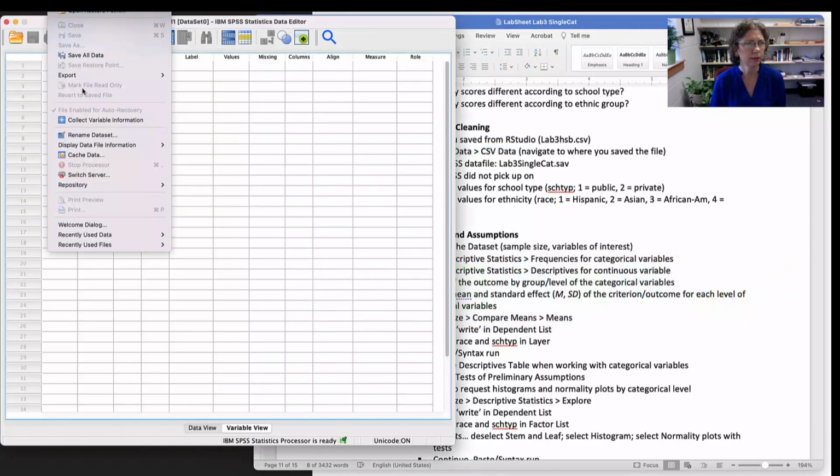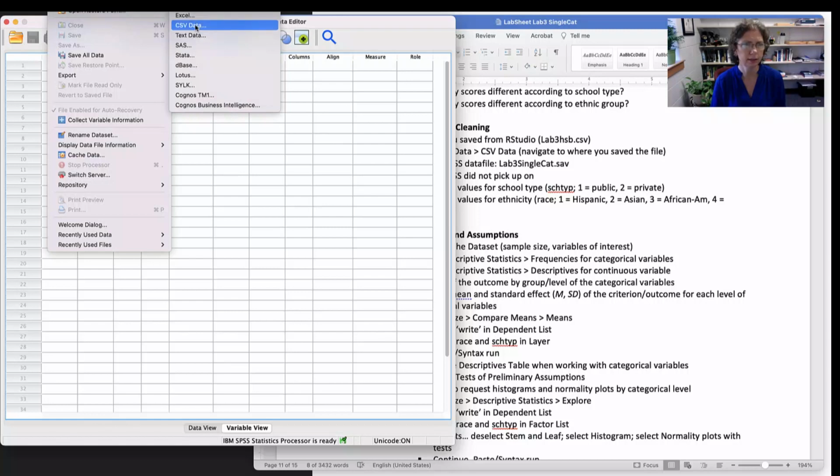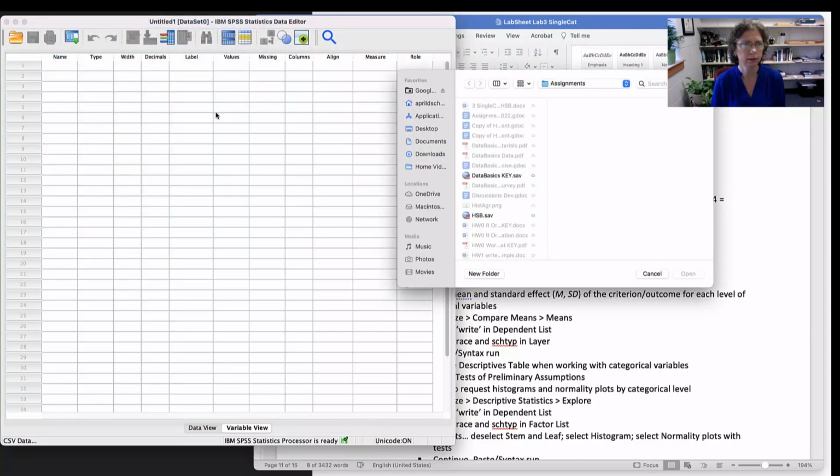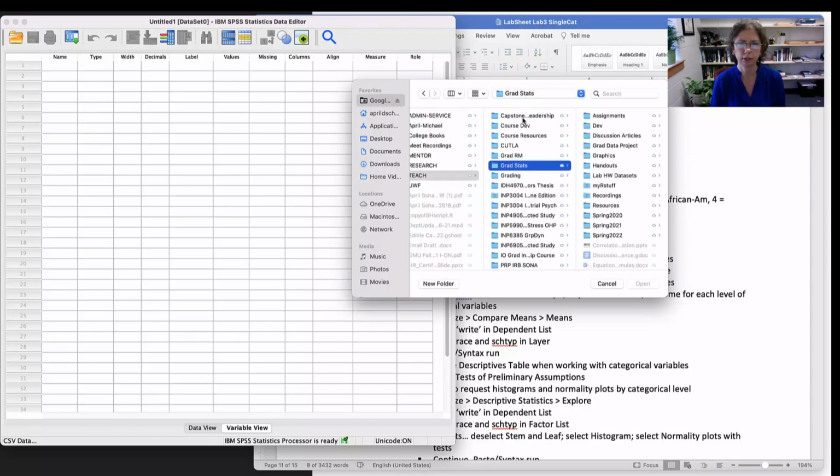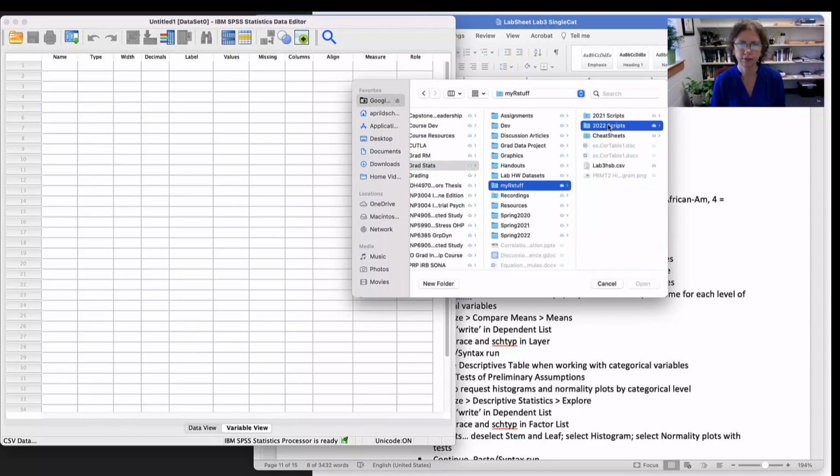Once you're there, navigate to where you have your working directory for RStudio, because that's where it would have saved the CSV file.